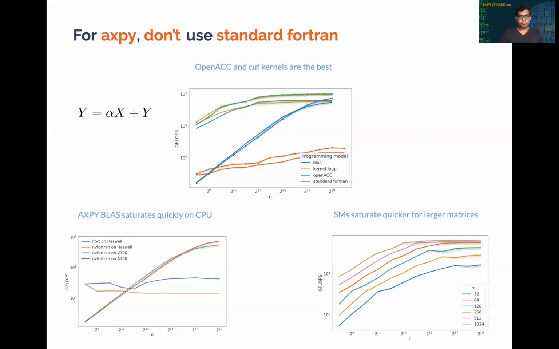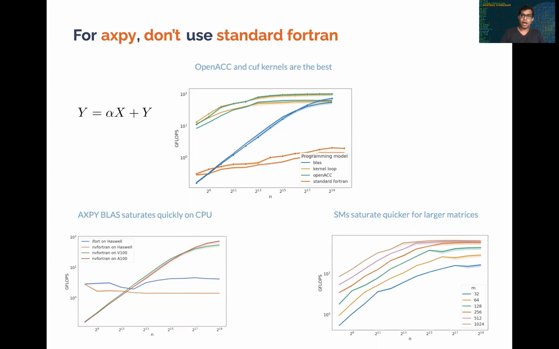So for whatever you do for AXPY, do not use standard Fortran. The top result is on V100s and A100s, and standard Fortran is really, really bad unless you are working with a trivially small number of matrices, which you never will in a real system.